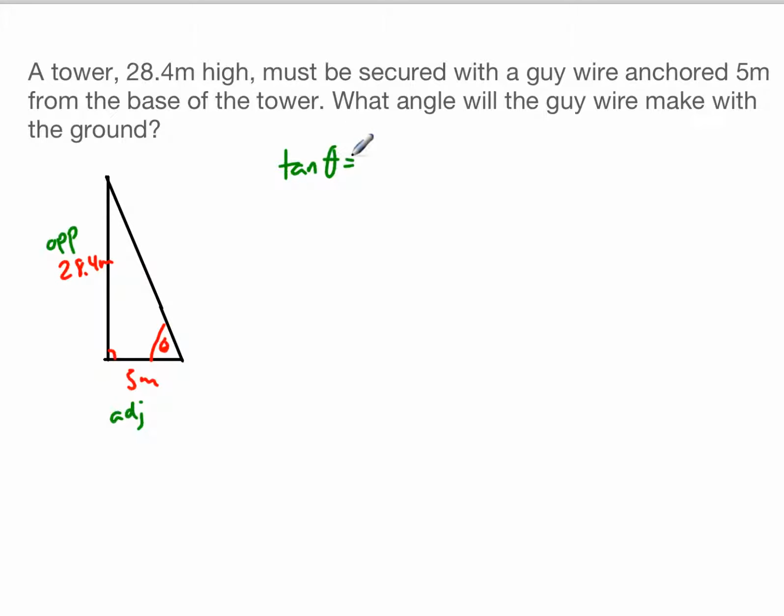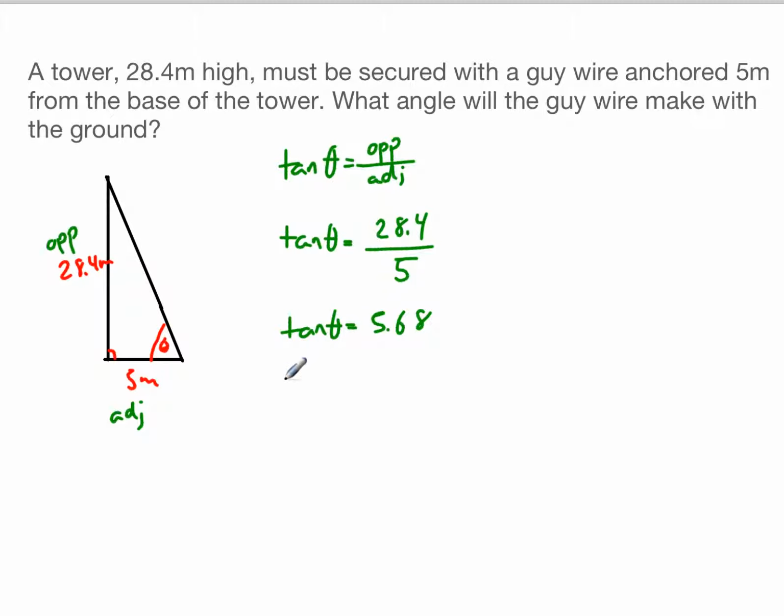Now, they won't always be tan. It just so happens that we've seen a lot of this today. So here is our trigonometric ratio to work with. Let's sub in what we know. Tan of theta is equal to its opposite side, okay, 28.4, over the adjacent side, which in this case is 5 meters. So the tan of our angle theta is, if you plug this in, 5.68.